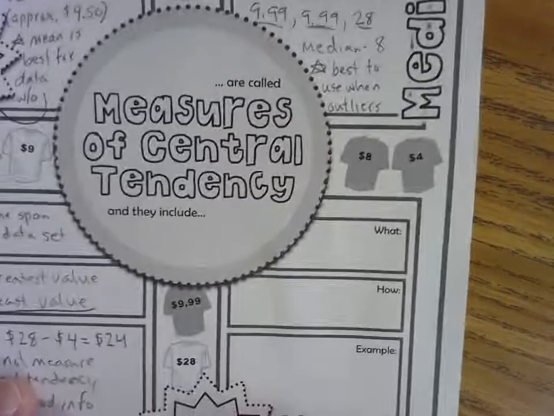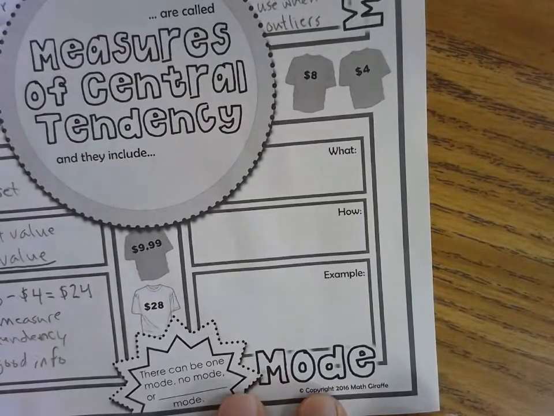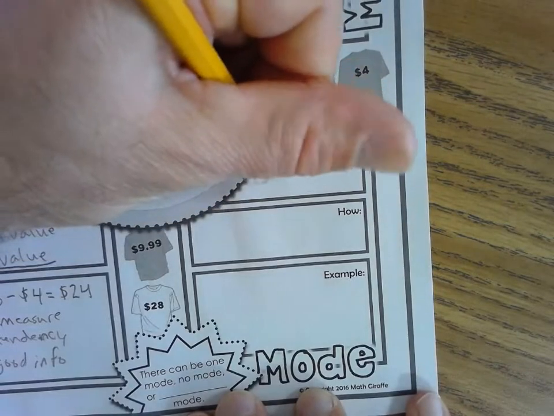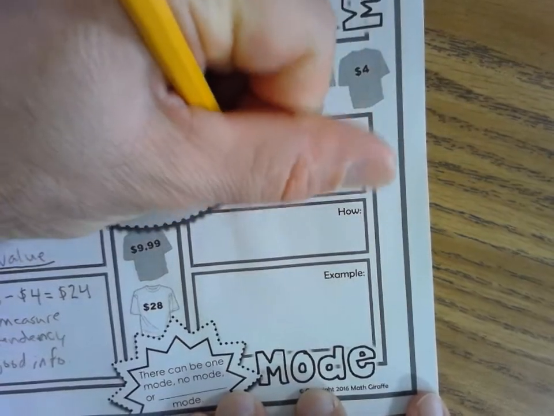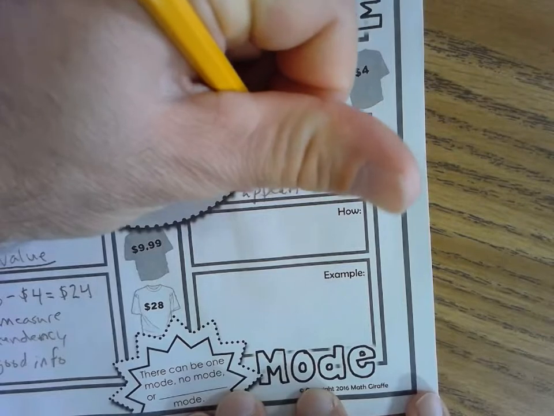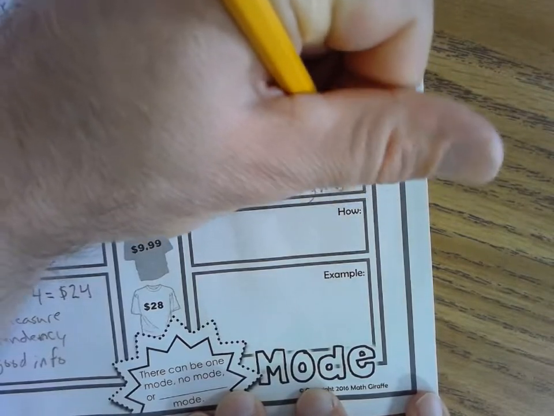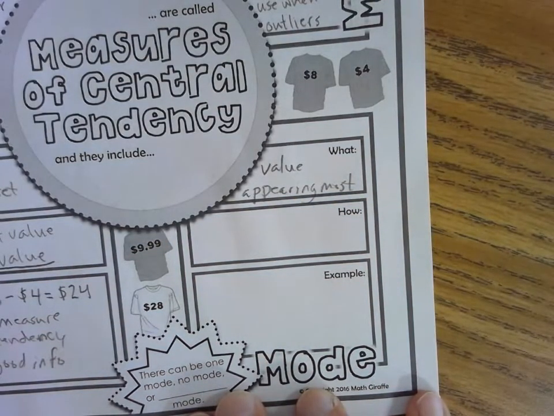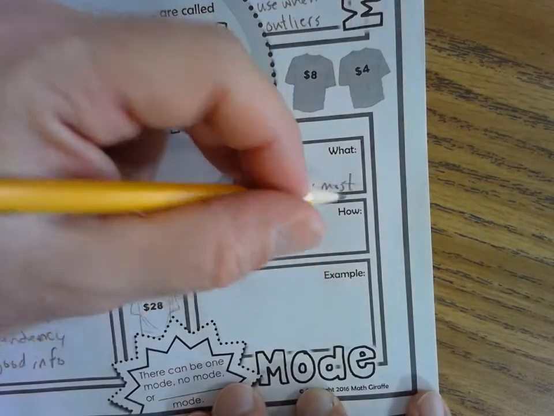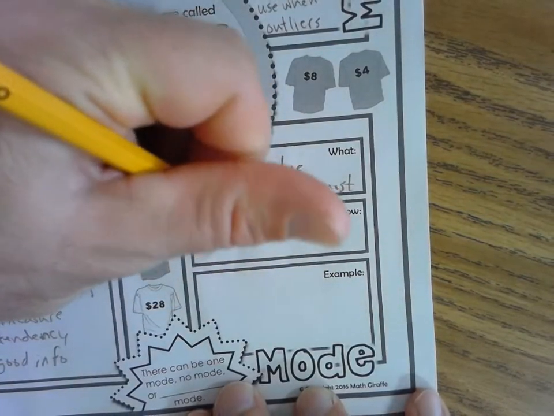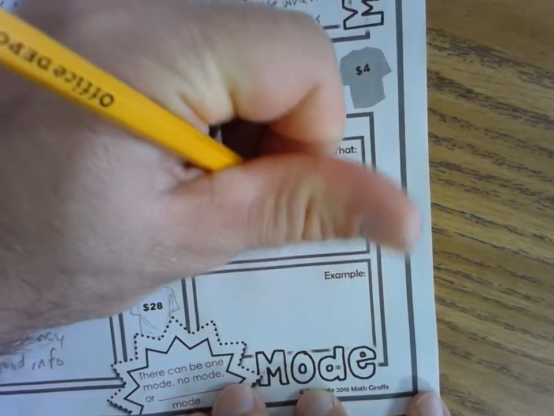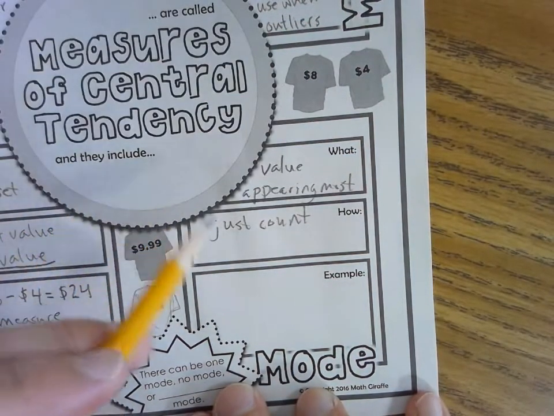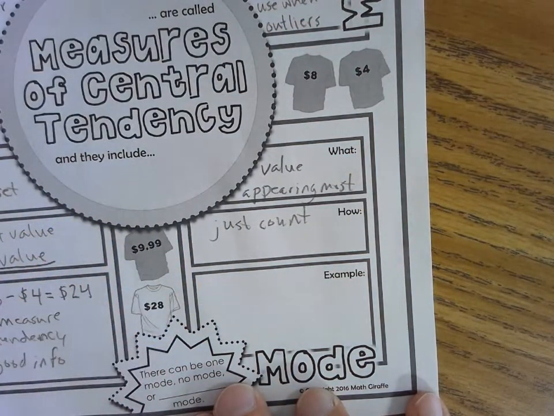Okay? All right. Last one is the mode. What is the mode? The mode is the value appearing most. How do you do that? You just count. Okay? In your data, the number that appears the most, you count it up, and that's your mode.